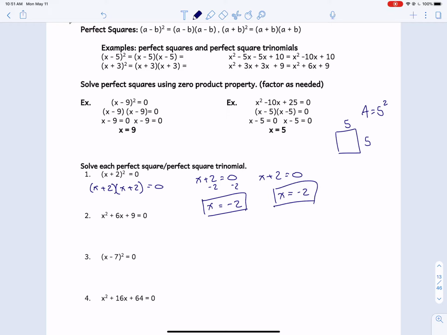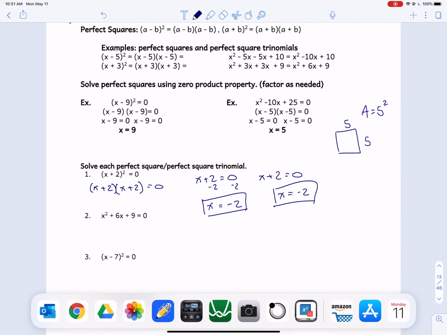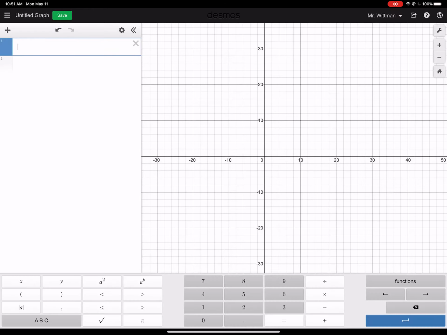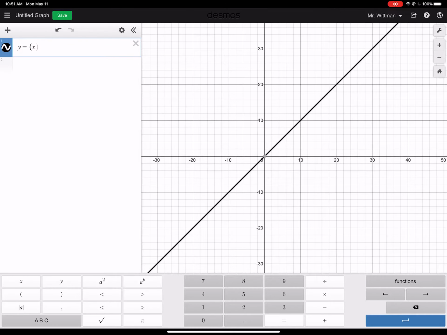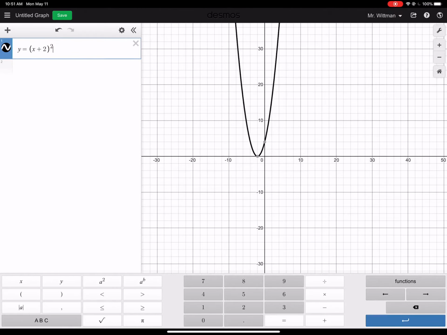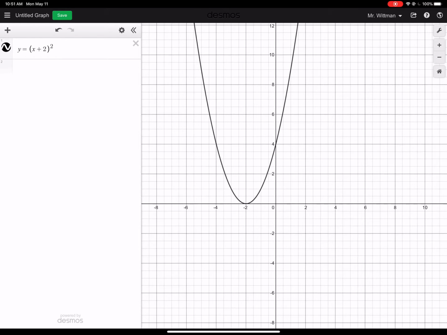Okay, so let's look at a graph. It'll be easier to see. So we have y equals, in parentheses, x plus 2, close parentheses, and squared. Okay, so now it's a parabola. All right, so the number we found was minus 2. So basically, we don't have two x-intercepts anymore because it just comes down and barely touches the x-axis.